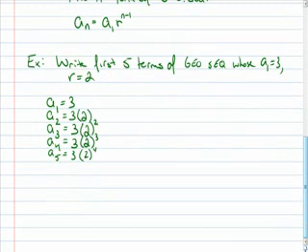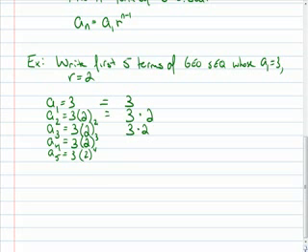Let me expand these. The second term would be everything that makes up the first term times a power of 2. The third term would be everything that makes up the second, which was 3 times 2, times another power of 2.